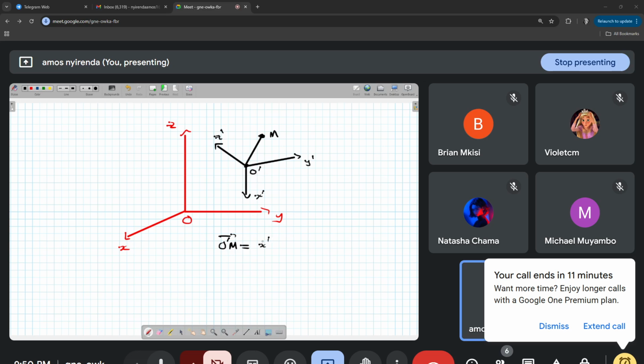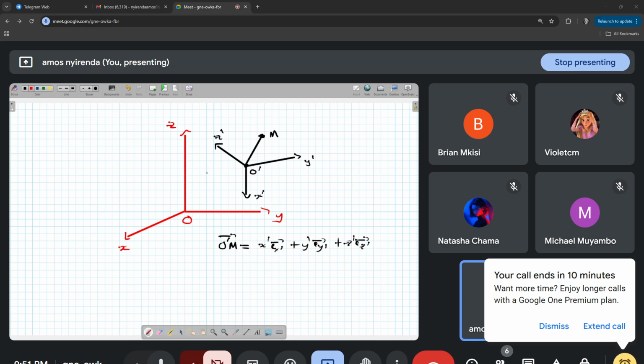So it is X prime Ex prime, plus Y prime Ey prime, and then Z prime Ez prime. So this is how you can write the position vector.